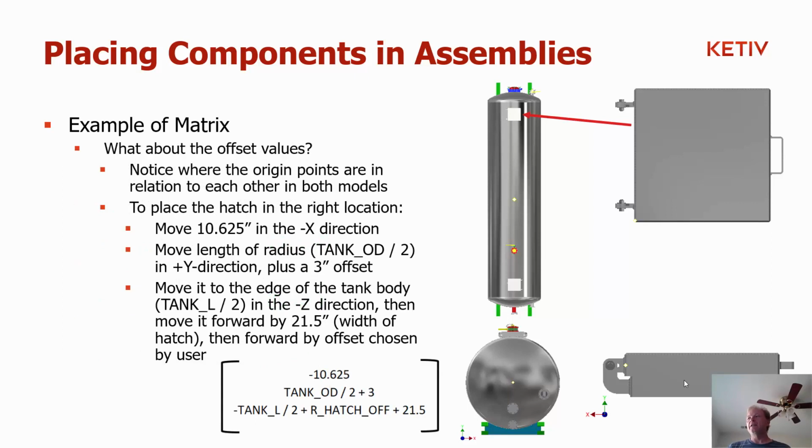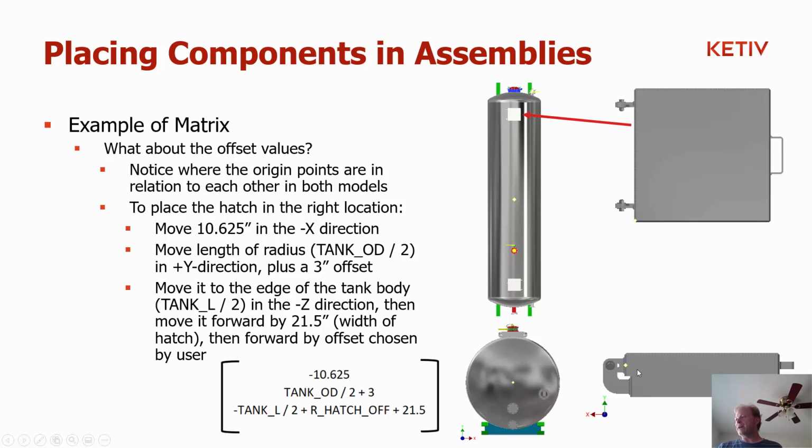Now, in addition to that, we also want to locate it in the right spot. Because like I mentioned, even if we rotated it 180 degrees, if we just lined up the 2 origin points, the hatch would be here in the middle of the tank, which would not really help us very much. So let's look at the x value first.